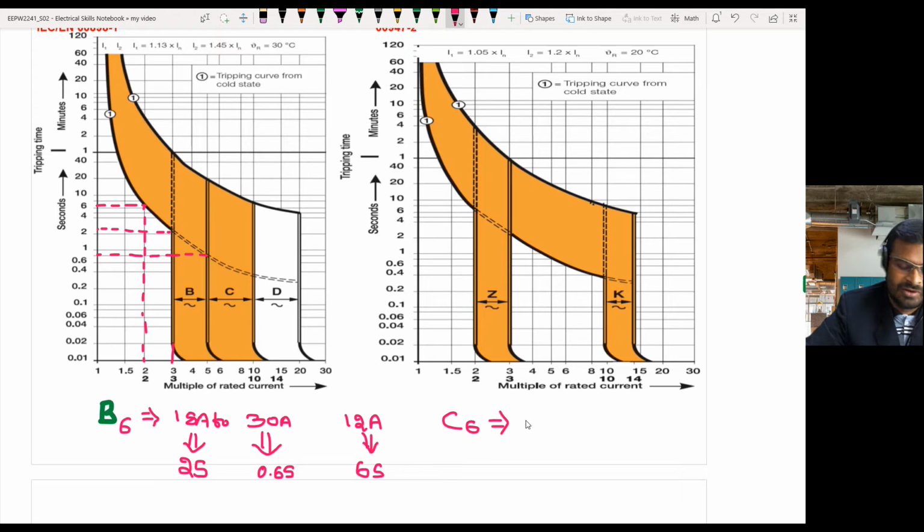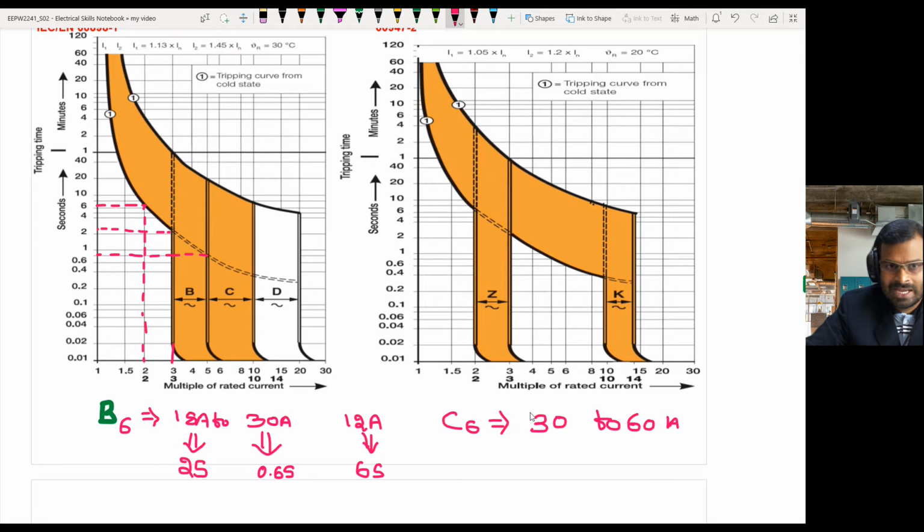As I told you, it is 5IN to 10IN. So the value will be 30 to 60 amperes. This is the trip range for this C6 type of MCB.